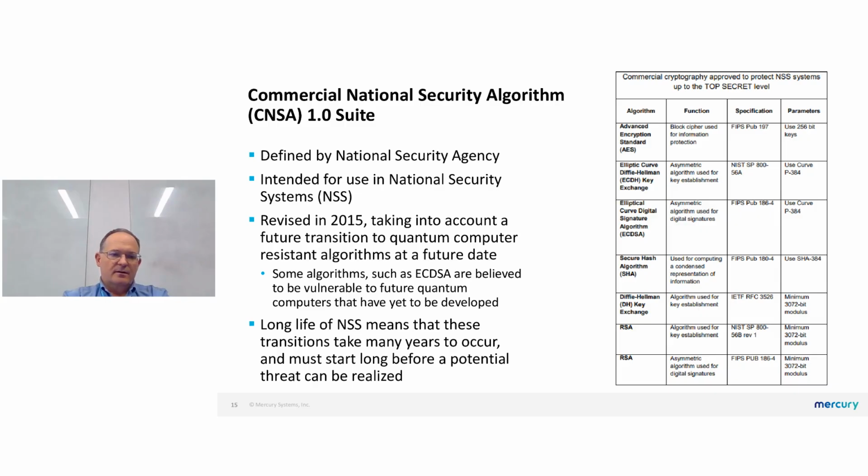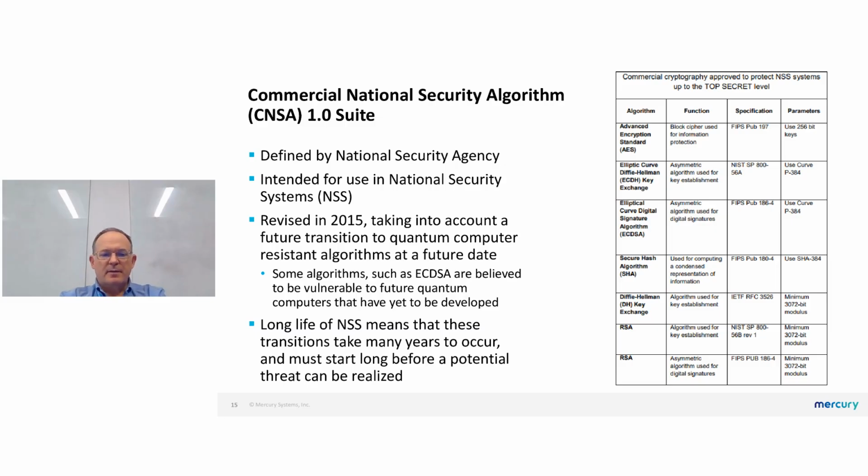In the case of military systems, national security systems, they typically have a very long lifetime, and the data they're protecting often has a very long amount of time that you care about that data.